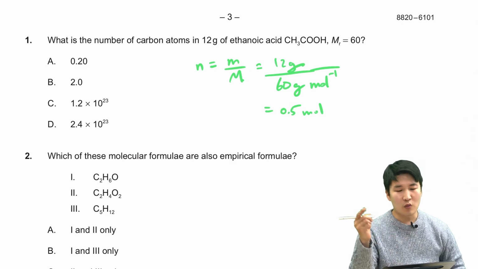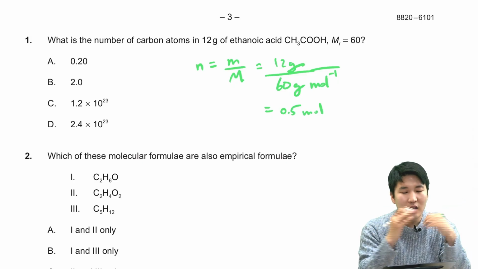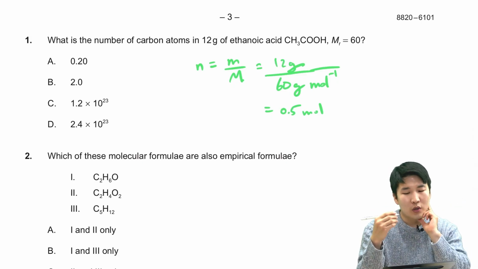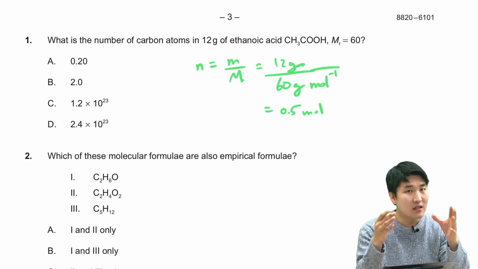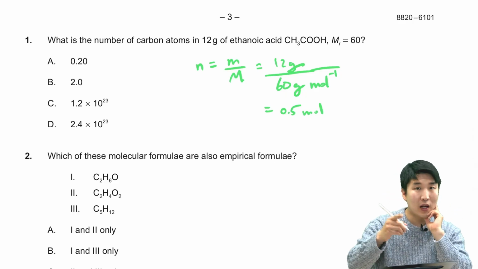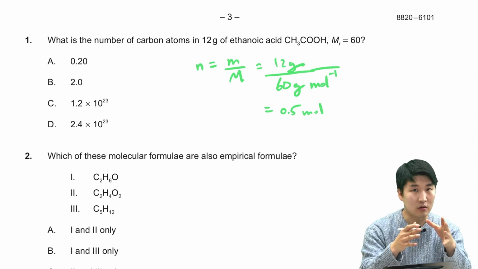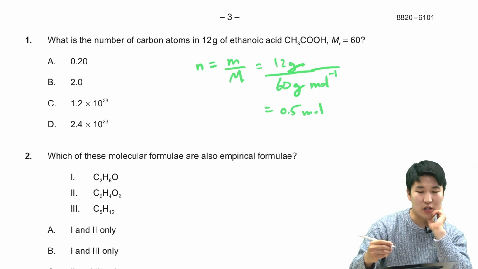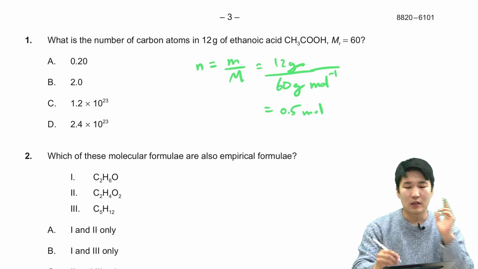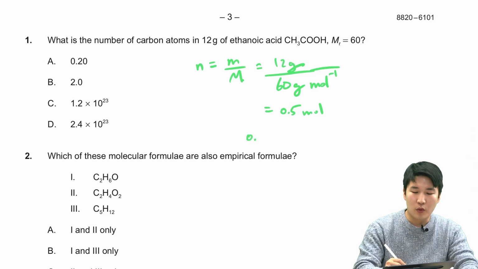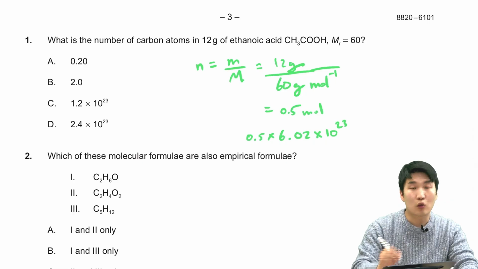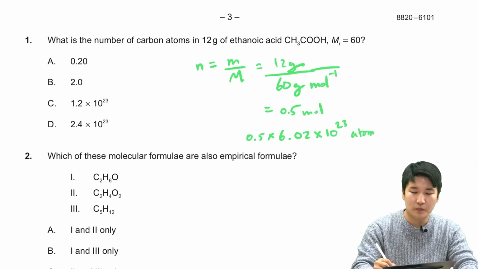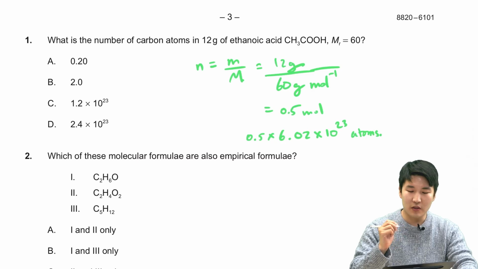Now, once we have 0.5 moles, the question is, how many carbon atoms are there? What we know is that for every mole of any substance, there would be the Avogadro constant number of particles, whether that is the number of atoms or molecules. In our situation, we want to multiply the mole by 0.5 times 6.02 times 10 to the 23 atoms, which would give us 3.01.